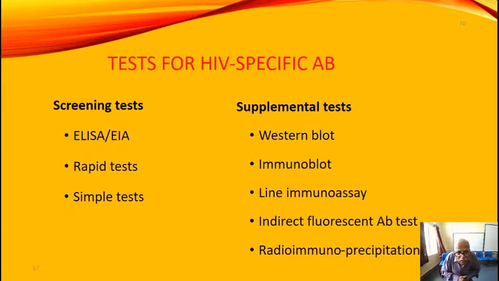Similarly, if the second test shows positive, we label it as a positive case. If it is negative, we label it as indeterminate. Here the patient is made to wait a few more months for retesting, a third test maybe.